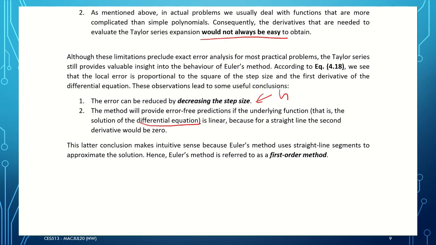So if it's linear, then it's quite easy compared to non-linear. This latter conclusion makes intuitive sense because Euler's method uses straight line segments to approximate the solutions. It is referred to as a first order method.